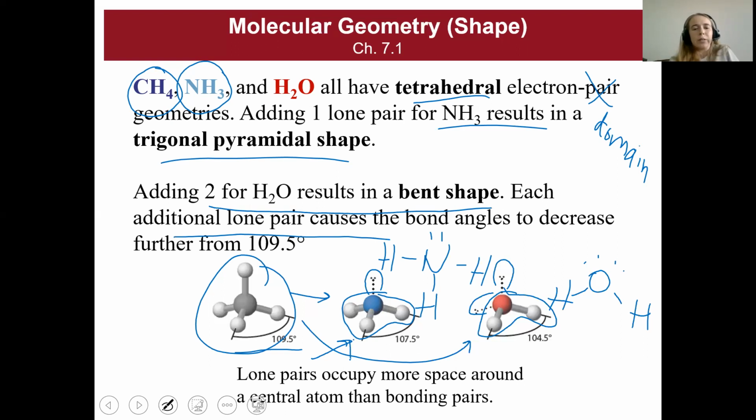We add another one to our water molecule, and our bond angle decreases even more to 104.5 degrees. So that's because lone pairs occupy more space around a central atom than bonding pairs.